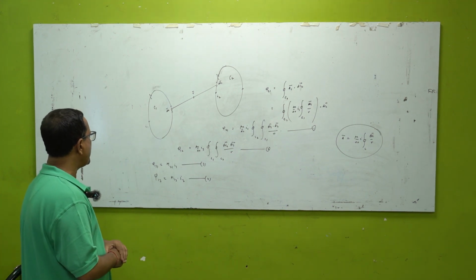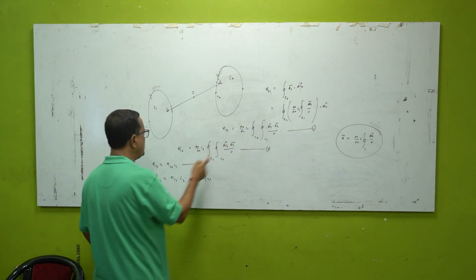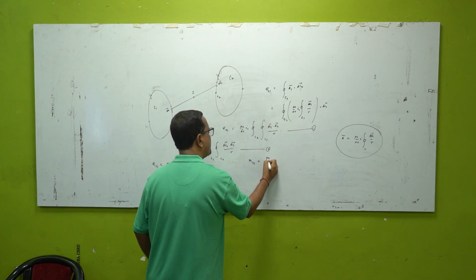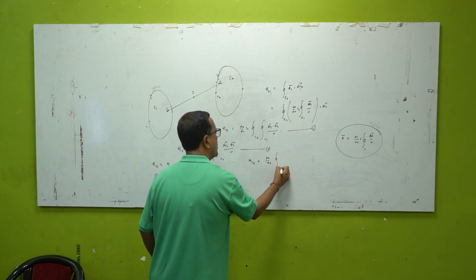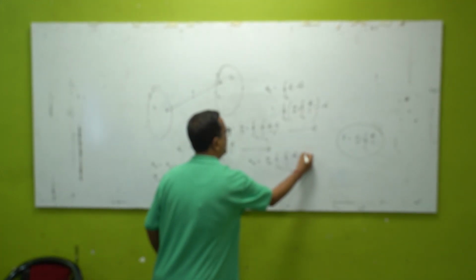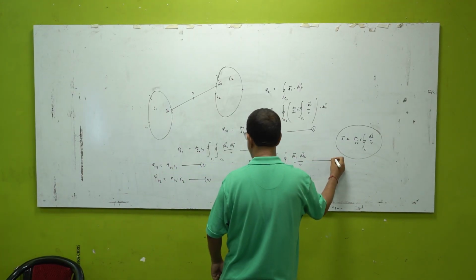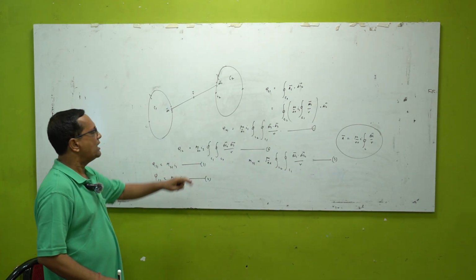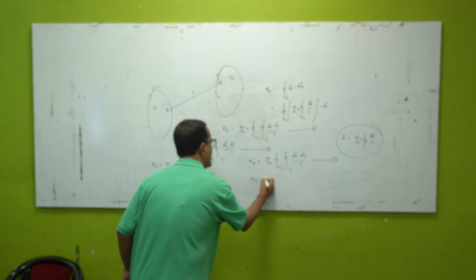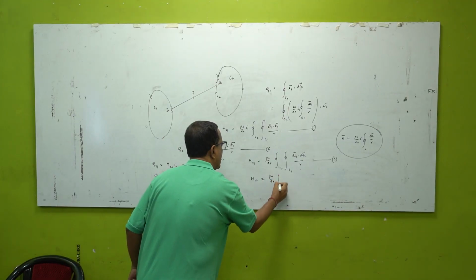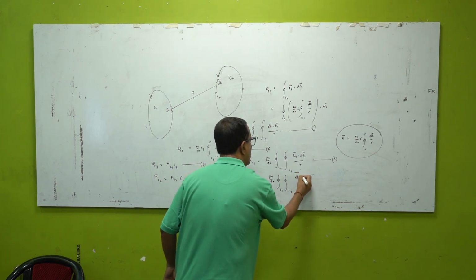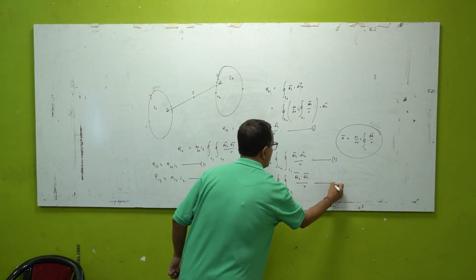Now, if we compare equation 1 with equation 3, we get M21 is equal to mu 0 by 4 pi times the closed path integral over C2 and over C1 of dl1 dot dl2 vector divided by R. Suppose it is equation 5. And if we compare equation 2 with equation 4, we similarly get M12 is equal to mu 0 by 4 pi times the closed path integral over C1 and over C2 of dl2 dot dl1 by R, equation 6.